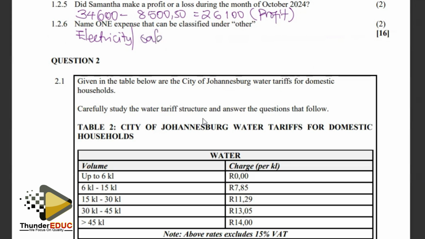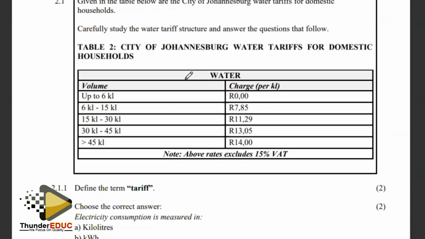Maybe she has another worker, so you can look at the salary there. Electricity, water, you can also look at the insurance. Anything that you think of that they have not talked about, among others. Okay, we look at question number 2.